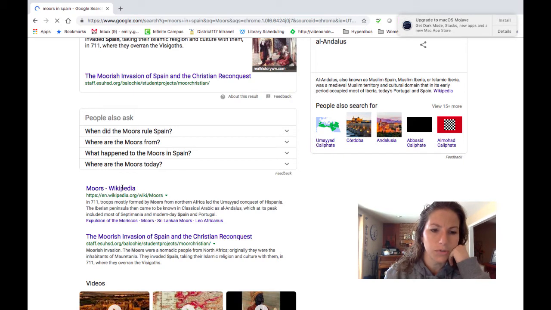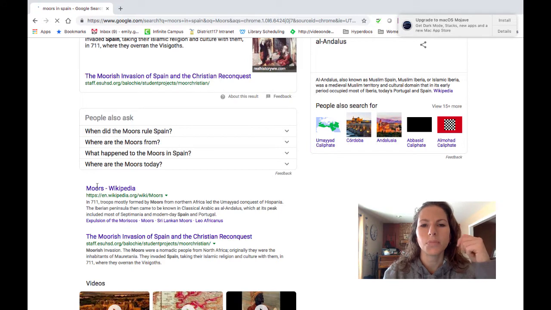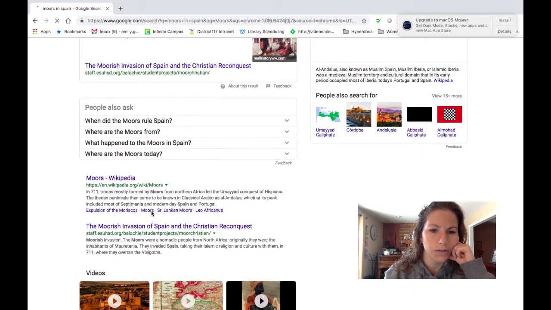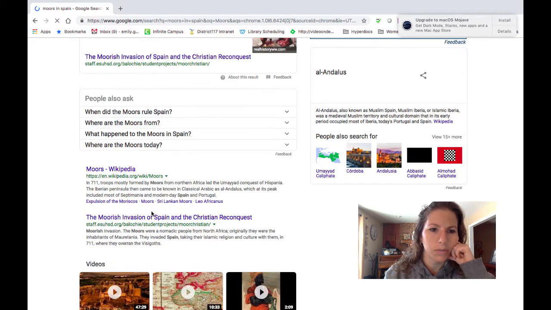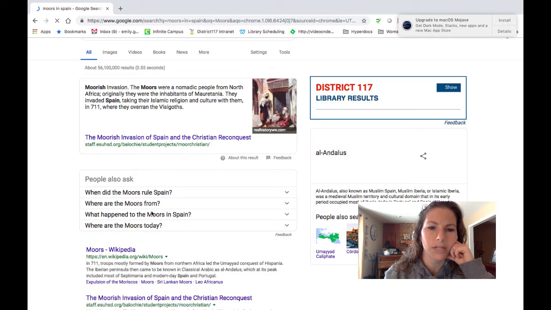However, something to note. Clearly, my internet is taking a long time. You can use Wikipedia. There's a list at the bottom of each page that gives you a little bit more information as to where they've received their resources from. So you can sometimes use that as a great starting off point.